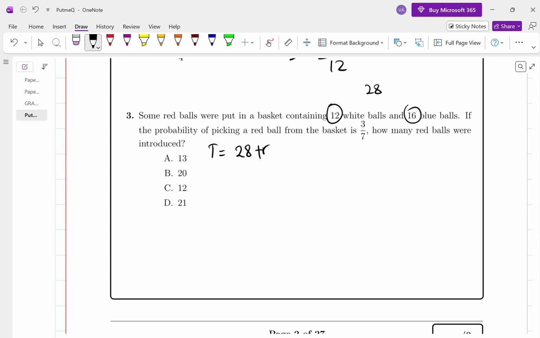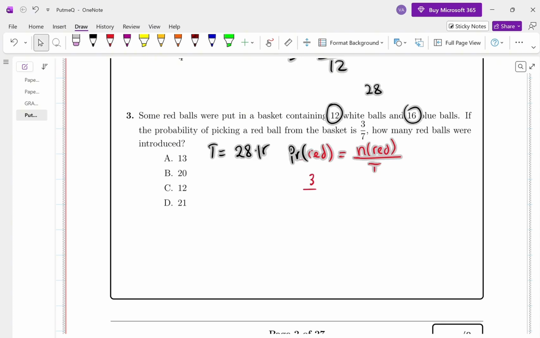Now, the probability of picking red is the number of red balls divided by the total number of balls inside. The probability of red was 3/7, it was given to us.